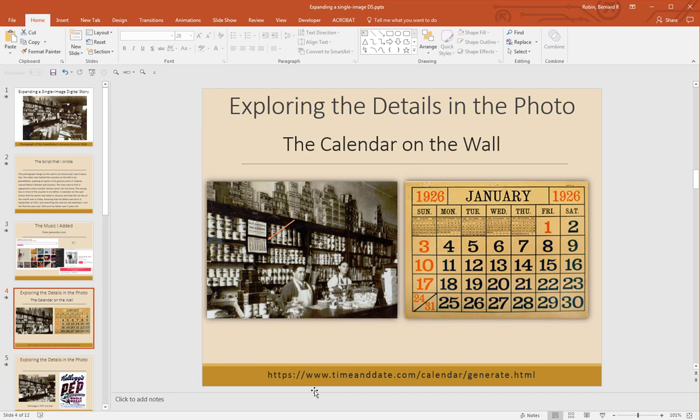But I found a website called timeanddate.com that has a calendar generator, and I was able to put in years where I found that the first day of the month, for example, was a Friday, and the last day of the month was a Saturday, and then I found out that this was a calendar showing 1926.